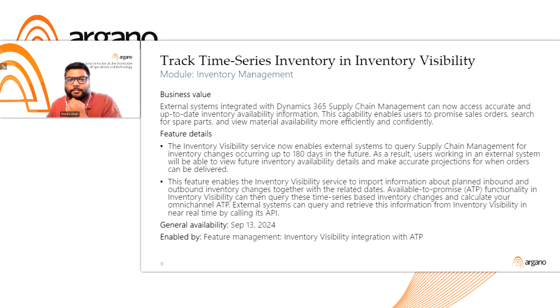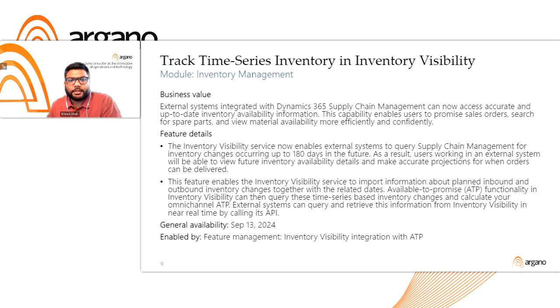in the future. As a result, users working in an external system will be able to view future inventory availability details and can make accurate projections for when orders can be delivered. This feature also enables the service to import information about planned inbound and outbound inventory changes together with related dates.